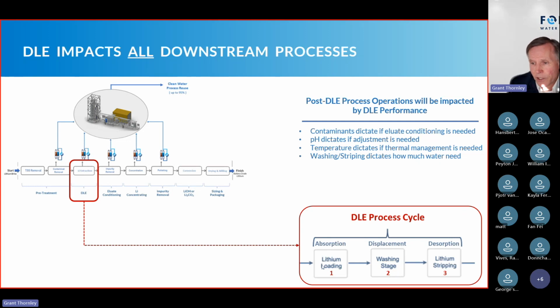The DLE media is going to have to load lithium, and then typically go through a wash cycle, a rinse cycle, or a displacement cycle. A lot of different terminologies are used in the market space. There is no common term as of yet.